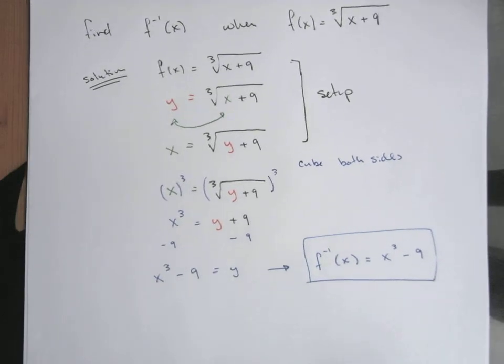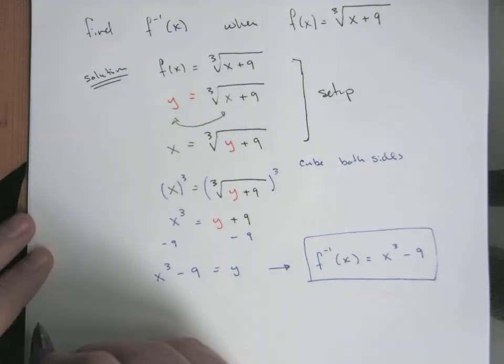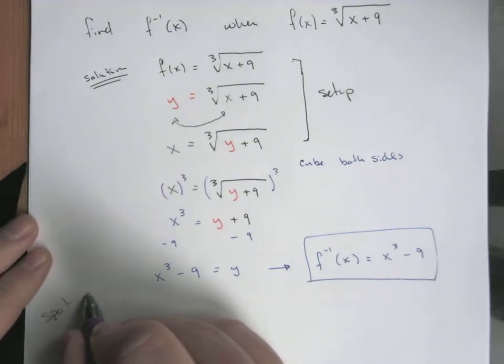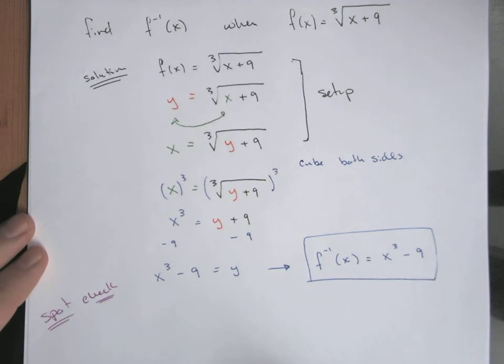Let's see if we can squeeze in one of these spot checks again, just because that was kind of interesting, I thought. I got to be a little clever here with the numbers, so let's just spot check. Let's do x is -1.